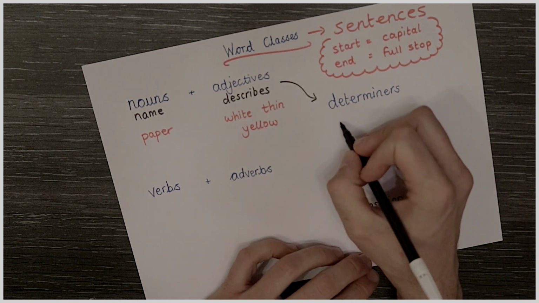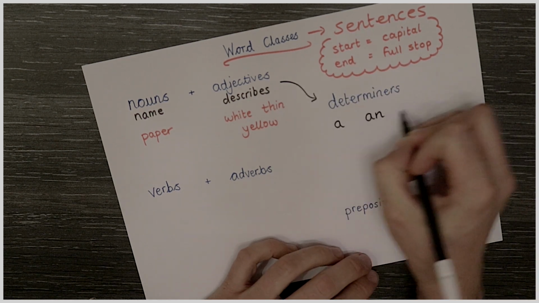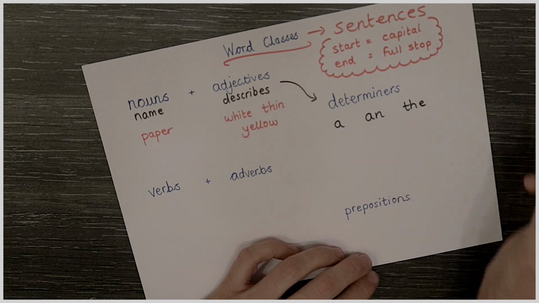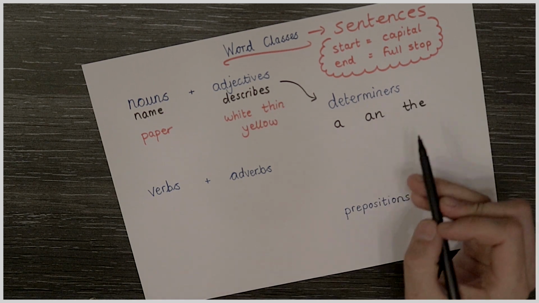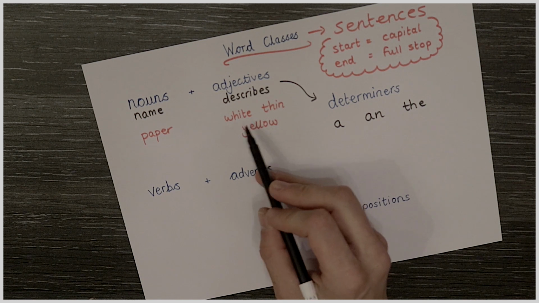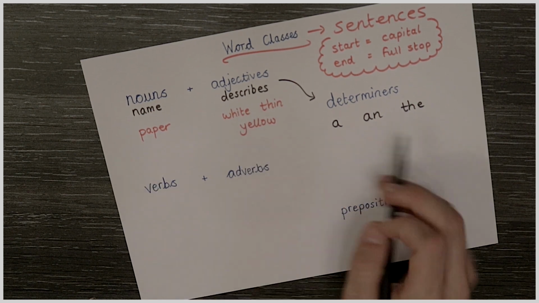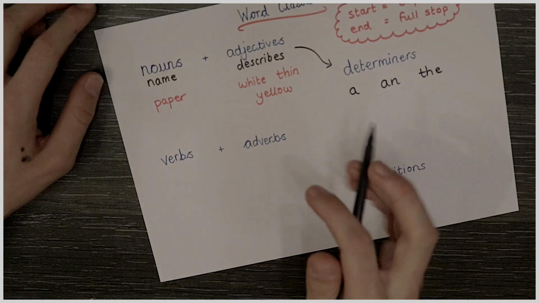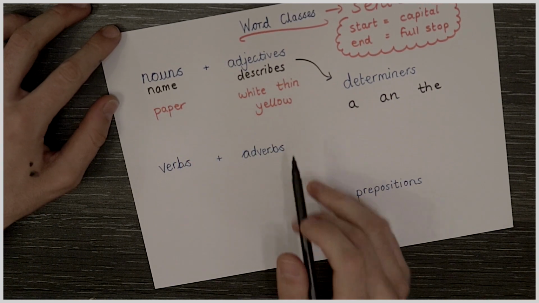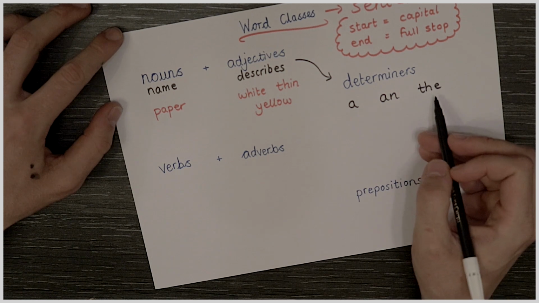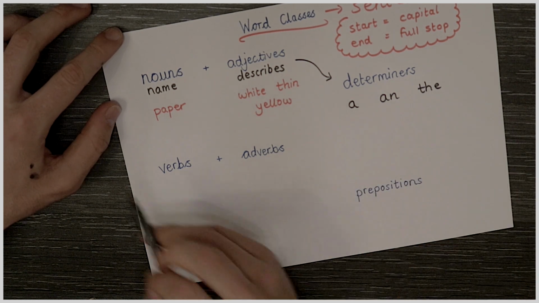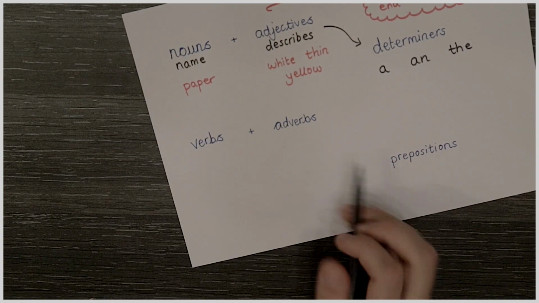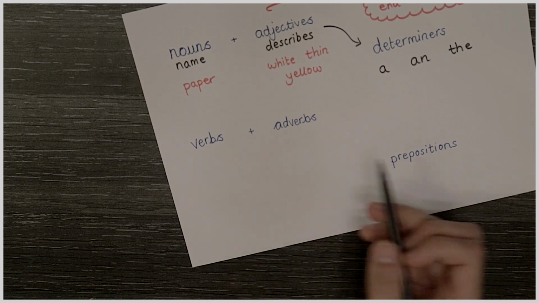Determiners are easy. There's a, an, the, there's many others, but these are the common ones. So you could say the white paper, okay? And that would be your noun phrase. So you've told me what it is that's in your sentence.